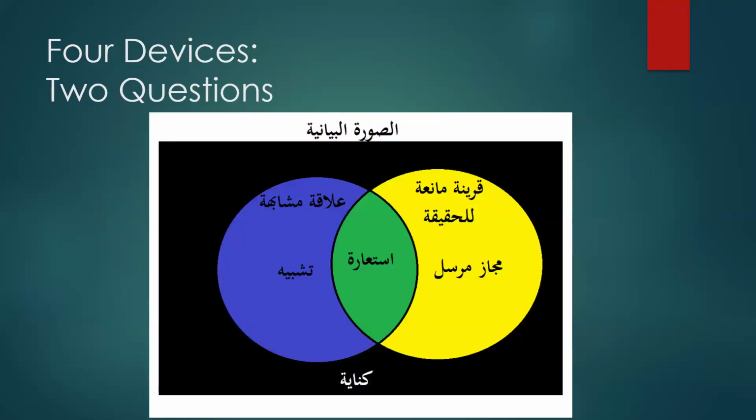Another way of looking at it is the following, through a Venn diagram. Sorry, it looks like we're going to be a little bit over time, but not that much more, inshallah. So this whole box is a surah al-Bayaniyah, right? If there's a qarina, some evidence that prevents the lexical literal meaning, which is what haqiqa means, and the alaqa is mushabaha, then this sweet spot of intersection is isti'ara, where it's both.